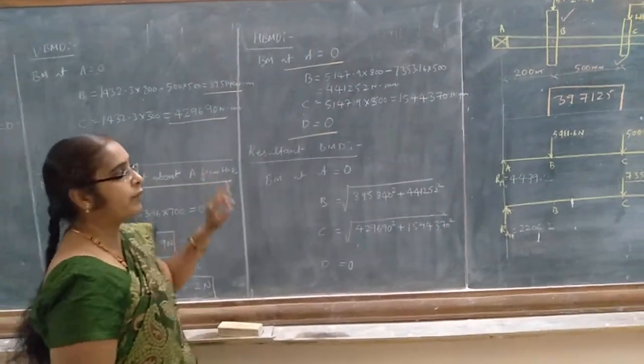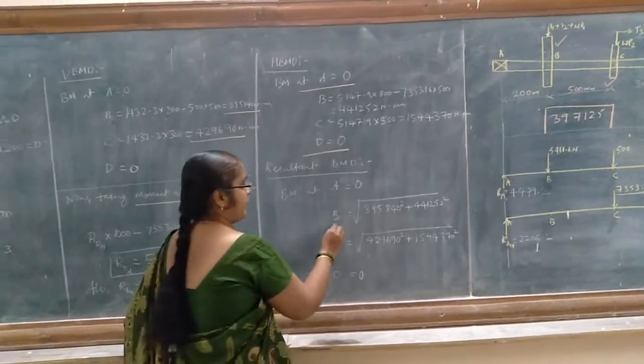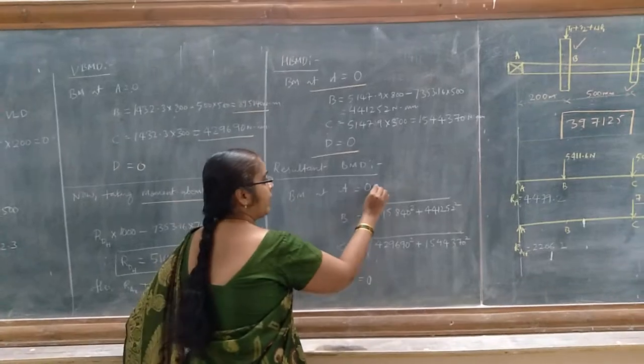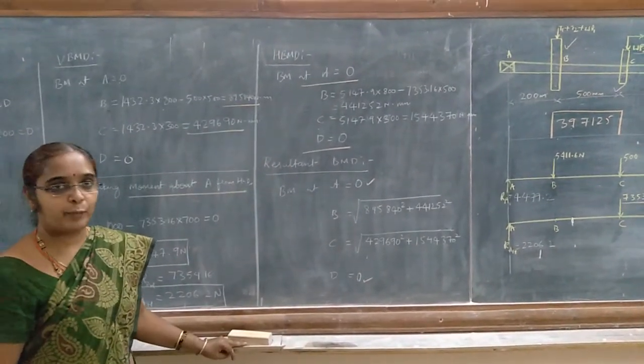Now we will sum up with the resultant bending moment diagram at A, B, C, D. At A and D, we know that it is always 0 because they have supports.